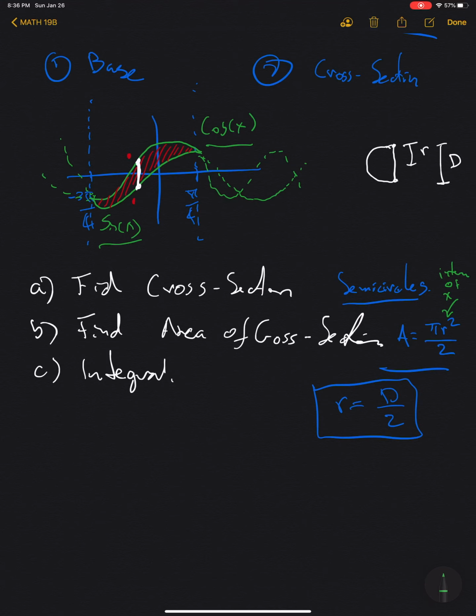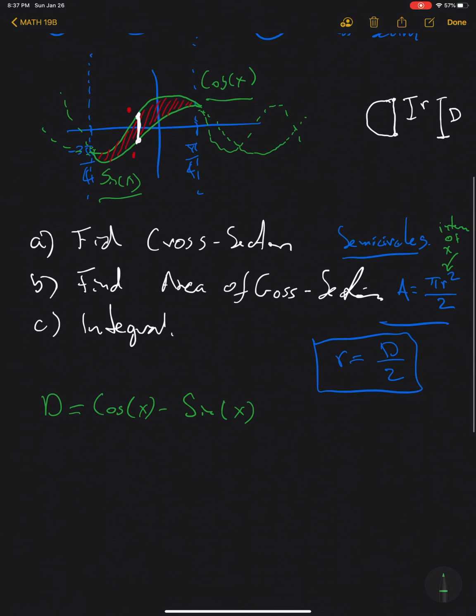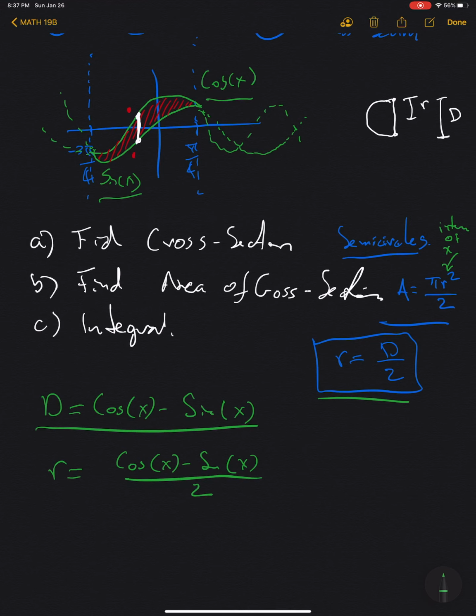So the length of that segment, or the diameter, is going to be cosine of x minus sine of x. That's the length of the full thing. If I put these two equations together, the radius I'm looking for is going to be cosine of x minus sine of x, divided by 2.